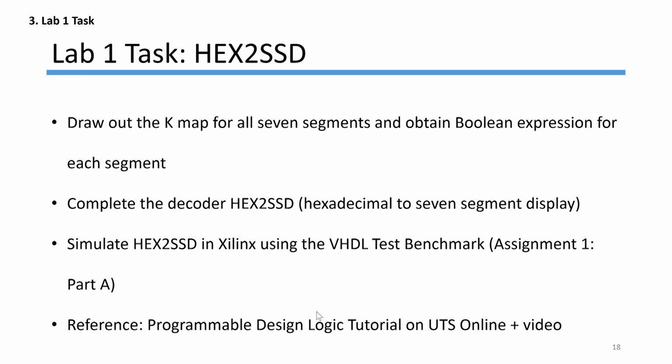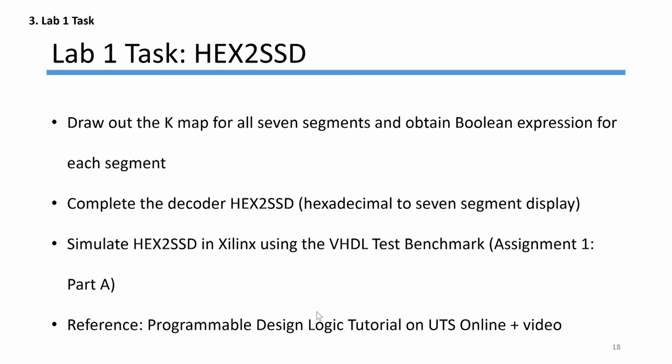For Lab 1 tasks, the main component we expect you to achieve is the HEX2SSD, or the hexadecimal to 7-segment display. Now, in order to extend what we've shown you in this video, you need to draw out the K-maps for all 7 segments and then obtain the Boolean expressions for each of them.